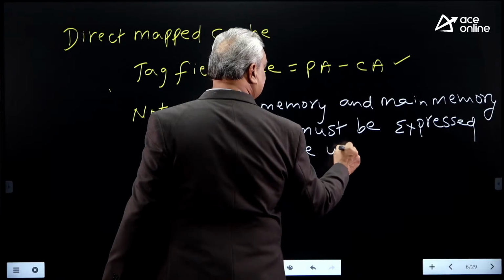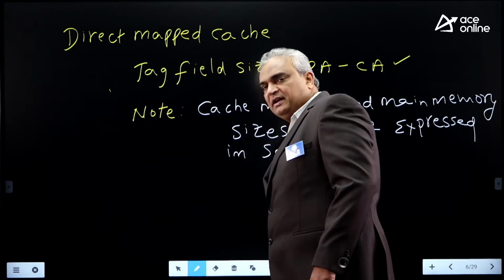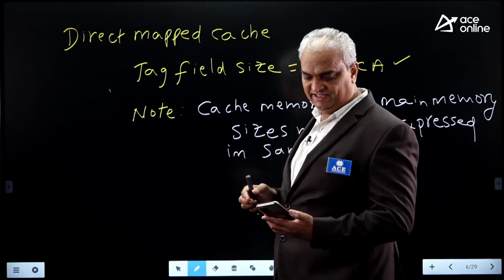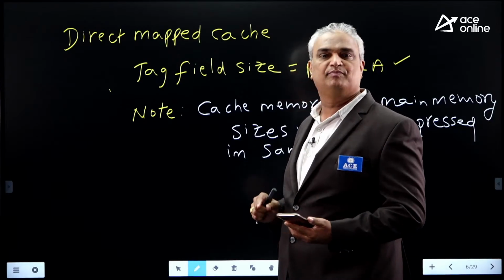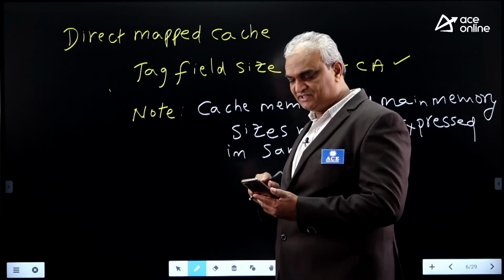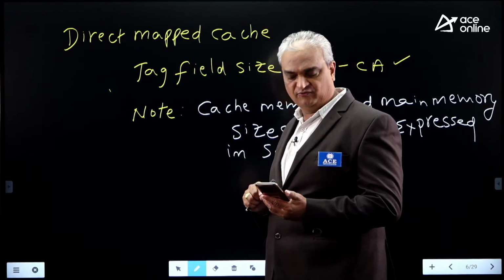Same units means if cache memory is expressed in number of bytes, main memory also should be expressed in number of bytes. If cache memory is expressed in number of words, main memory also should be in number of words.